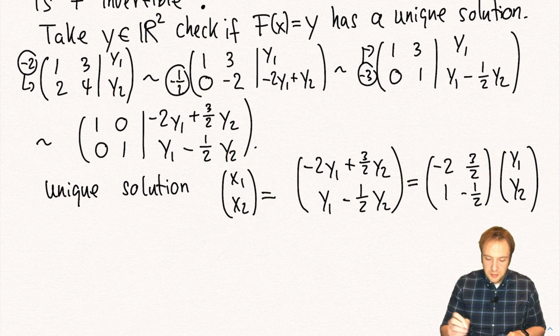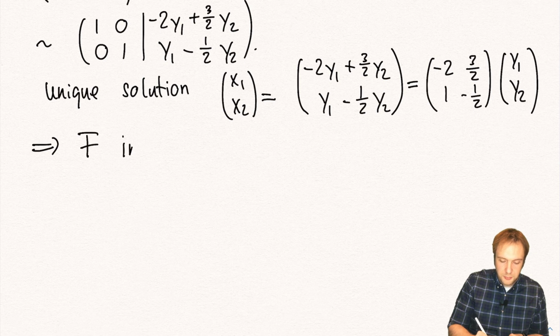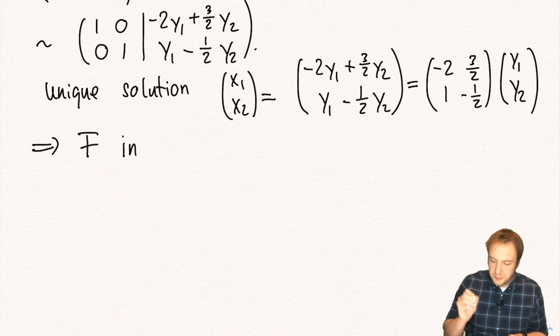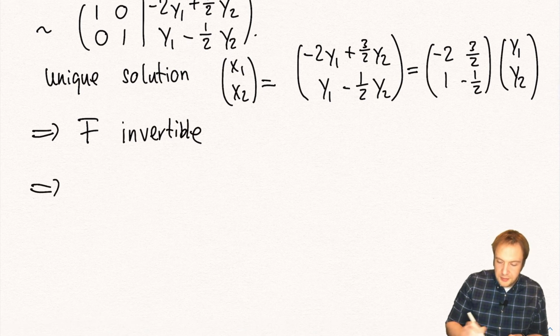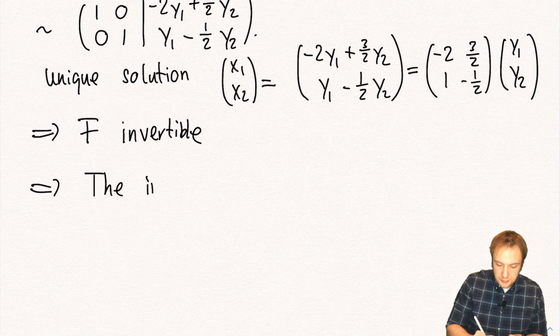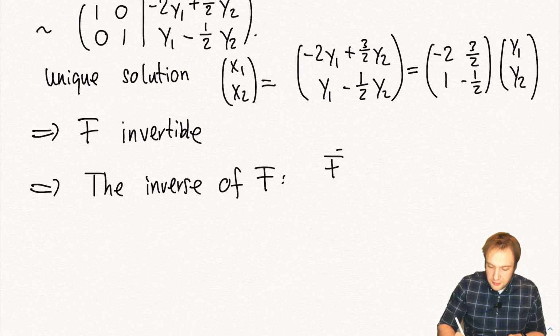So the first observation is that f is invertible, because for every y we have this unique solution x. And the inverse we can read off here. So this is now f inverse, which goes in the other direction.